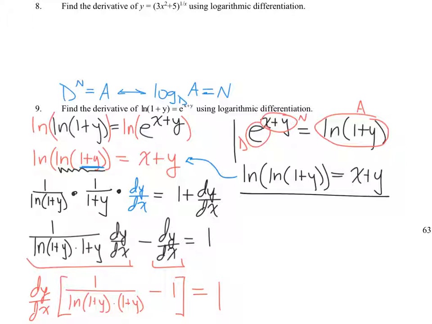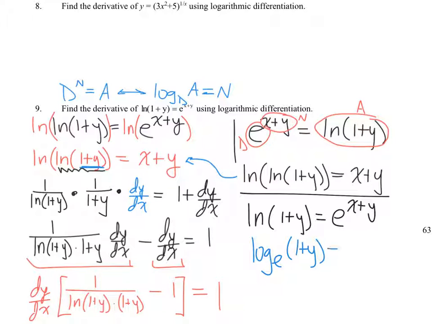Our goal is to try to manipulate it in such a way that we can come up with an easier approach. So let me rewrite it as ln, so it's the original form, ln of 1 plus y equals e to the x plus y. I'll make that log base e of 1 plus y equals e to the x plus y.